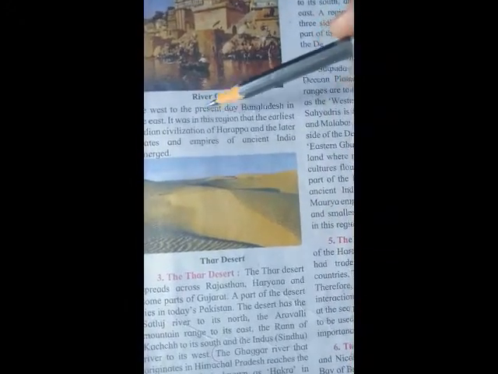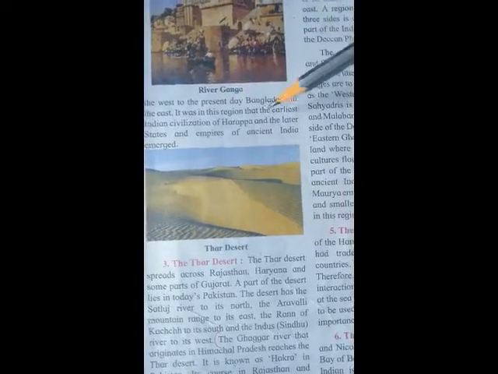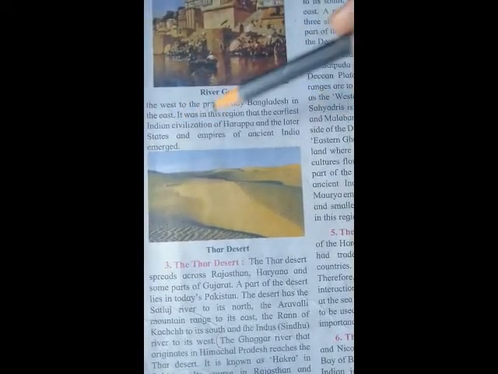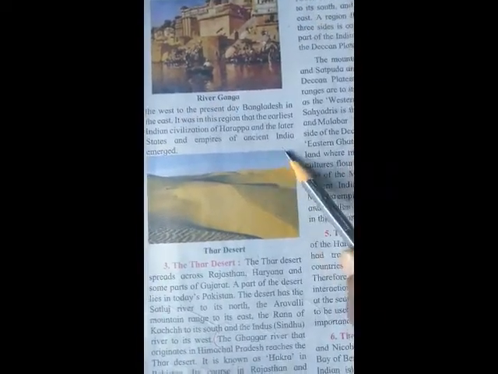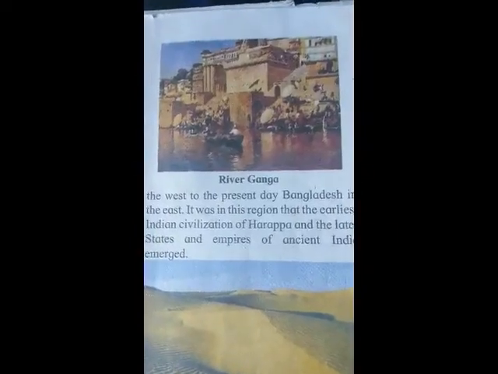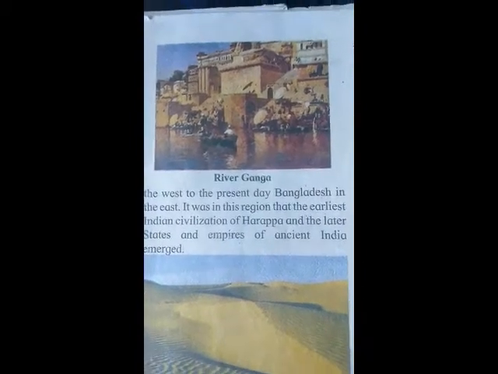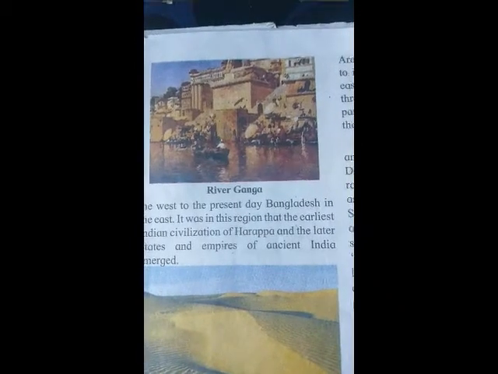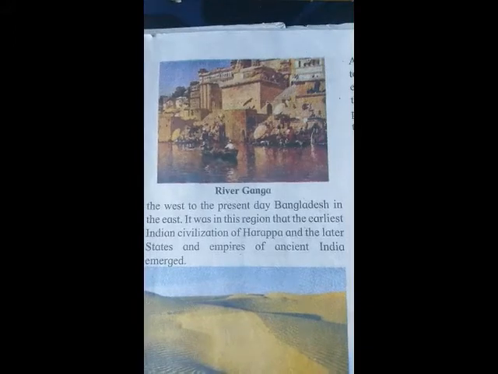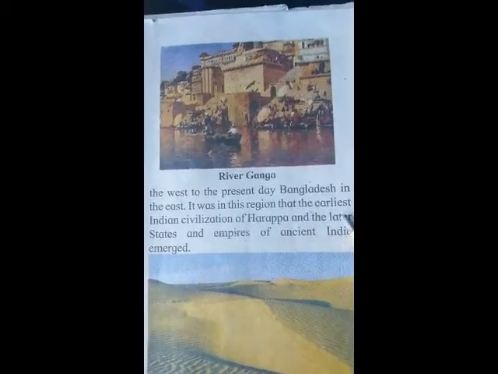It was in this region that the earliest Indian civilization of Harappa and the later states and empires of ancient India emerged. Means the rivers have their boundaries, they expanded from Sindh, Punjab in the west to present day Bangladesh in the east. In this region, the Indian civilization of Harappa and other empires emerged.